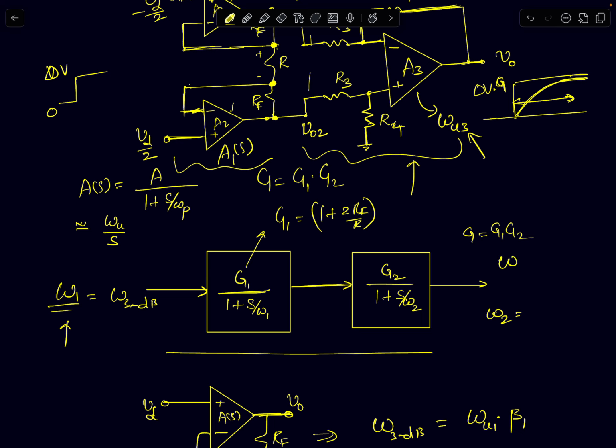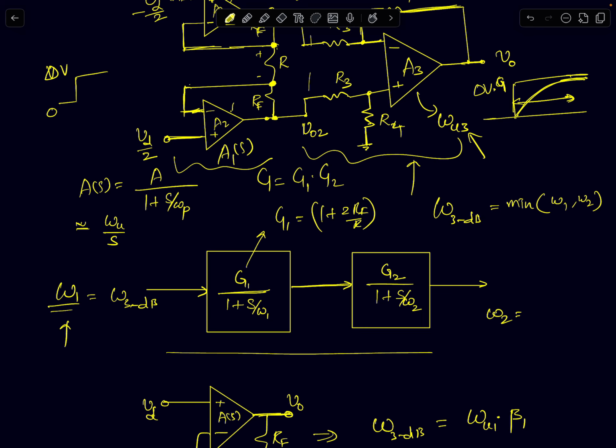So I can write, let omega 3 dB be the 3 dB bandwidth of the overall cascaded system; that will be lower than the minimum of omega 1 and omega 2. This is the frequency domain way of saying the 3 dB bandwidth of a cascaded system will be lower than the minimum of omega 1 and omega 2.